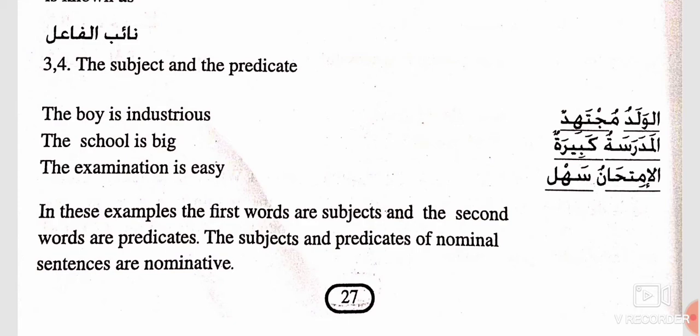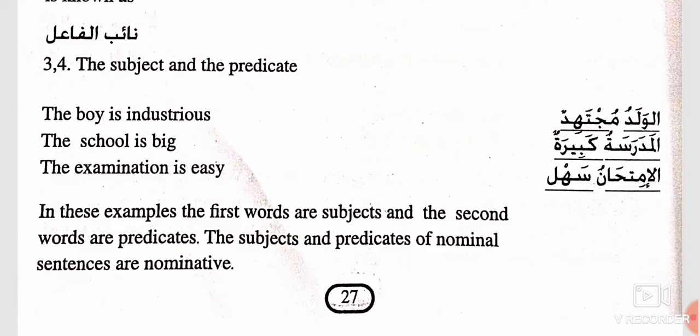So both the subject and predicate are raf'u here. Walad is raf'u, that means nominative case, and mujtahid is also raf'u because it is nominative case. Subject and predicate.